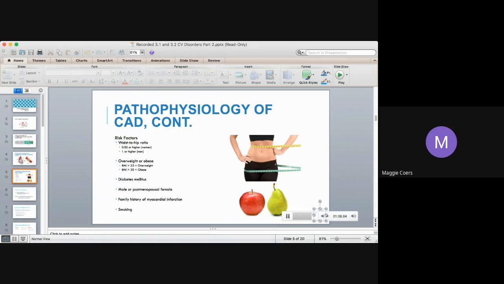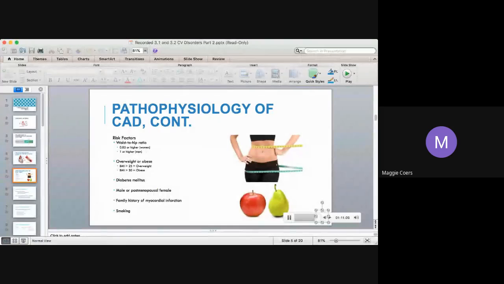And then also diabetes, because there are microvascular changes that happen in the vascular system with diabetes, especially if the diabetes is not controlled. Being male or being postmenopausal is a risk factor because of testosterone. A family history of a myocardial infarction, and also smoking.